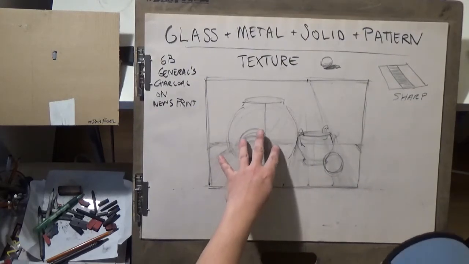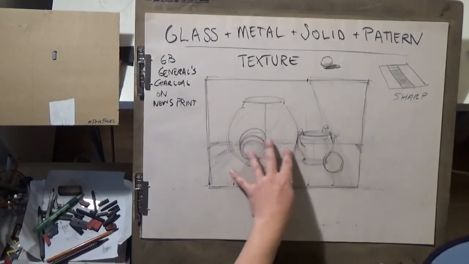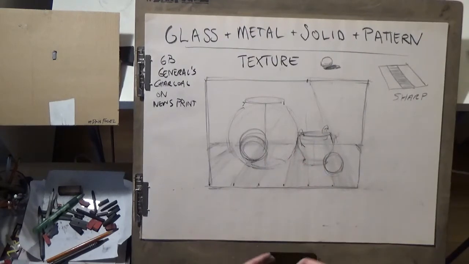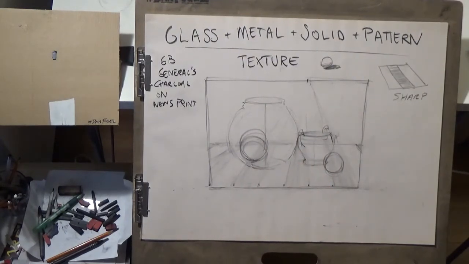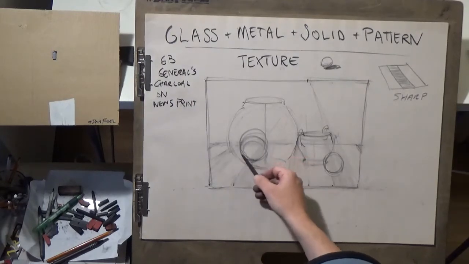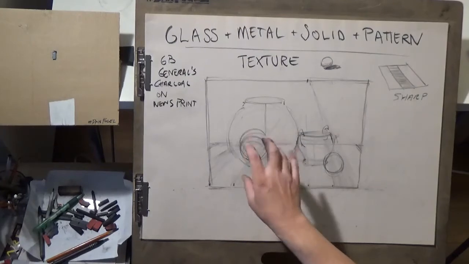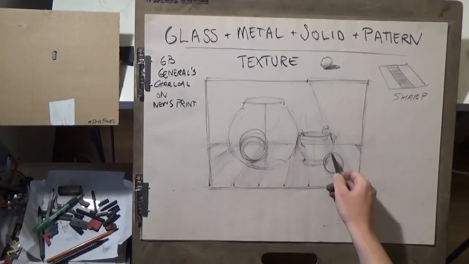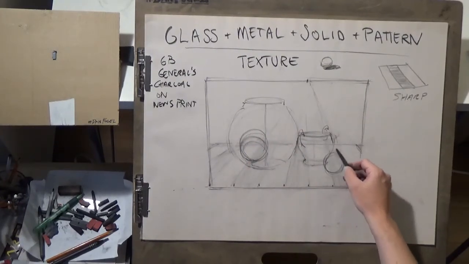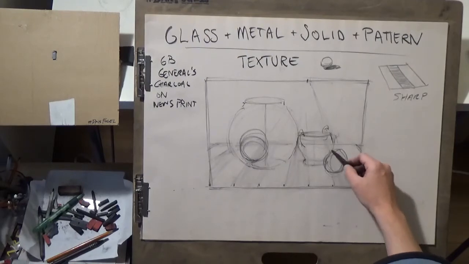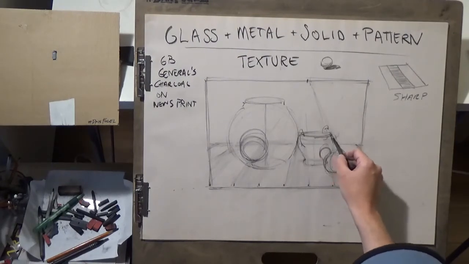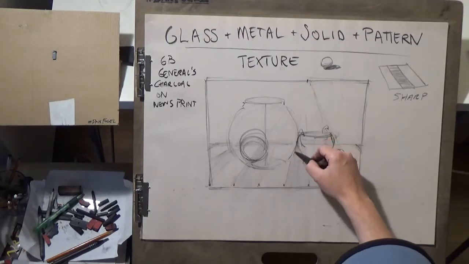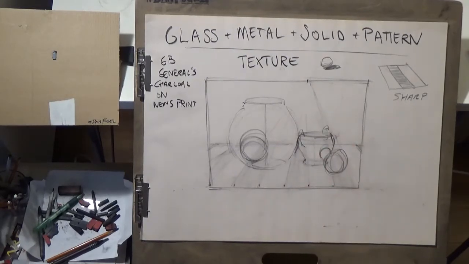So the reasoning behind these solids is that it's going to let us perceive the characteristics of glass, to be able to see something inside of a glass, or conversely, to be able to see something get reflected into a shiny surface that's kind of like a mirror.